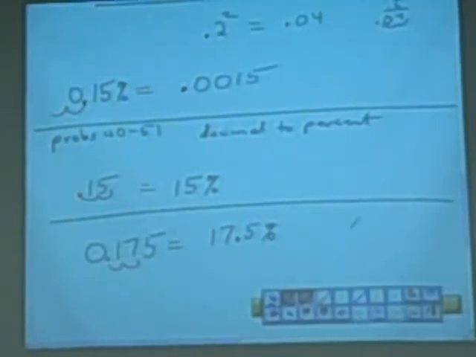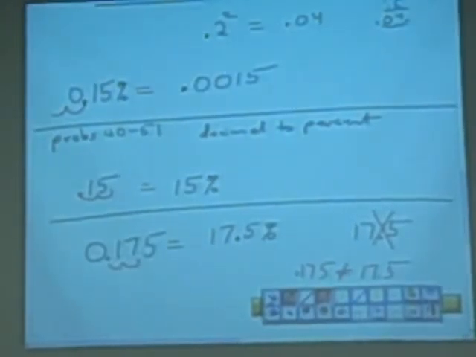If you just left it as 17.5, no good. There's a difference there. Because 17.5 is not equivalent to 0.175. You see why the percent sign is important to have? Because without it, they're not the same thing.